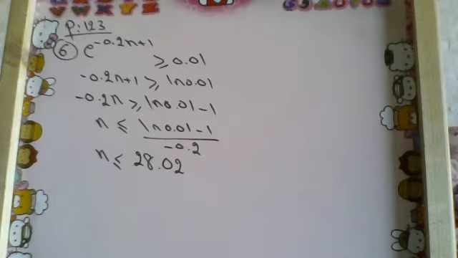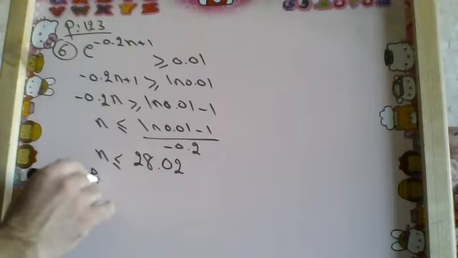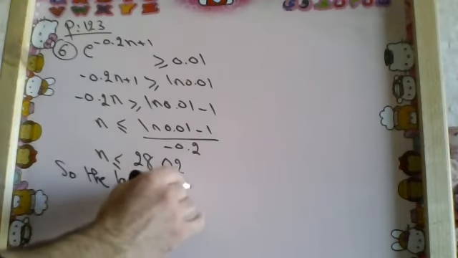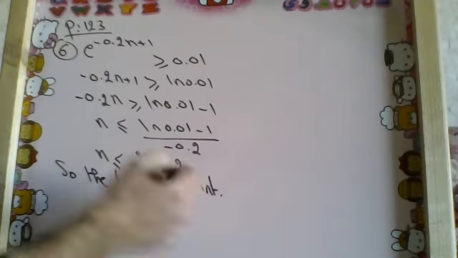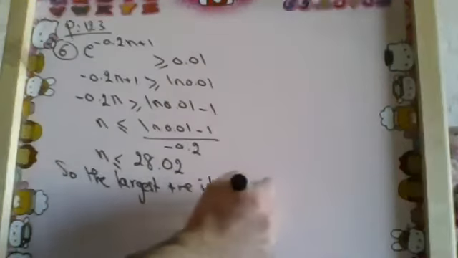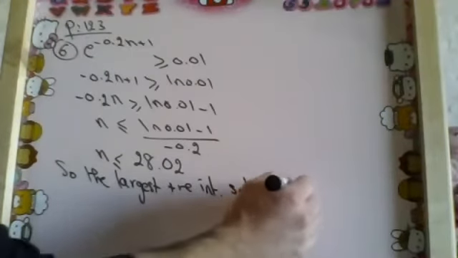So the largest positive integer satisfying the above inequality is 28.